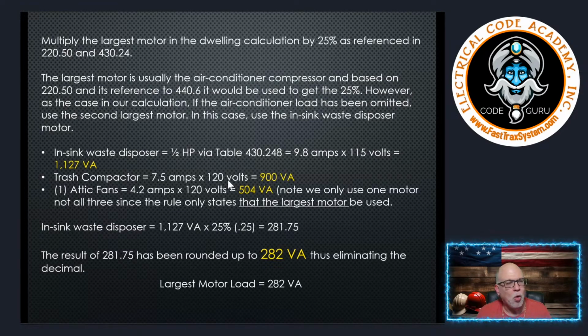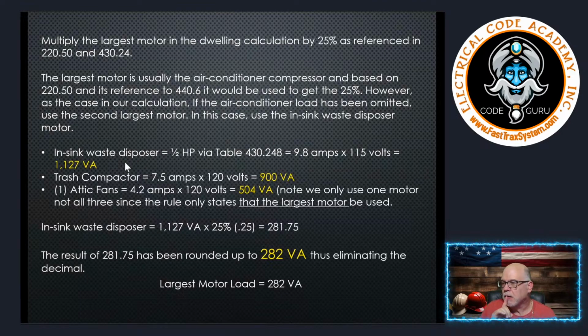So we're not going to go after that air conditioning motor now. We have to go for the next largest motor. And in our equation, as you see on the screen, the next largest actual motor is the in-sink waste disposer. And that was 1,127 VA.